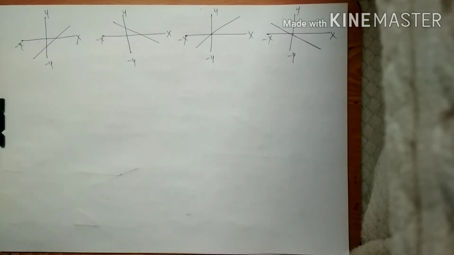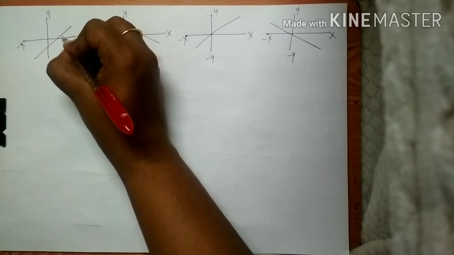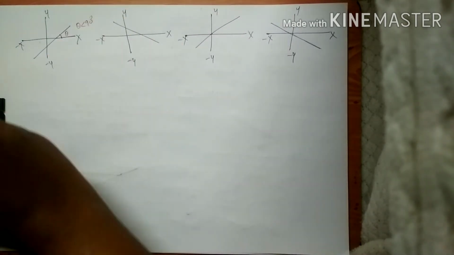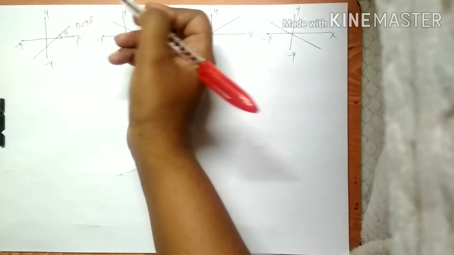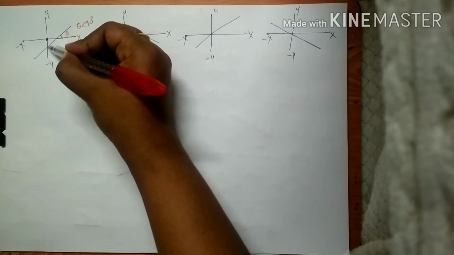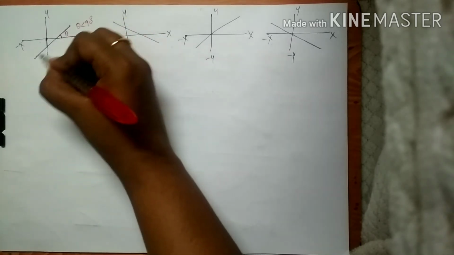Okay, now you know how to locate theta. This will be theta and that is going to be acute. Your theta will be less than 90 degrees here. Your intercept is, take the point from origin, okay, and move in the direction where the line is cutting any of the axis.